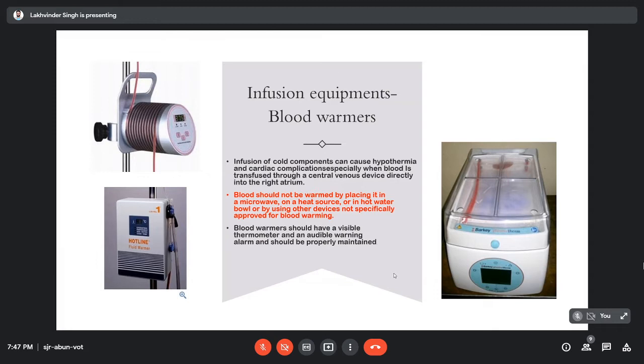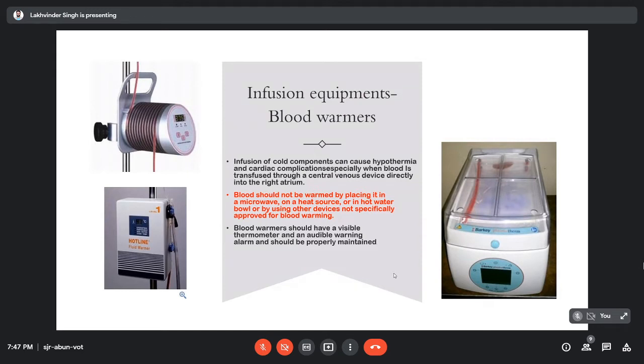So in that case, it is not required. They are required because infusion of cold components can cause hypothermia and cardiac complication only when transfused through a central venous device directly into the right atrium, immediately after issue from the blood bank, like in cases where massive transfusion is going on.